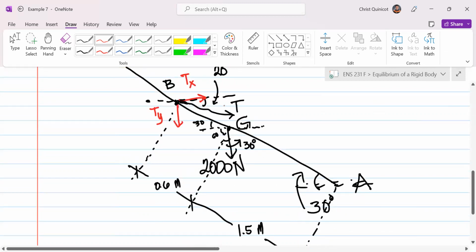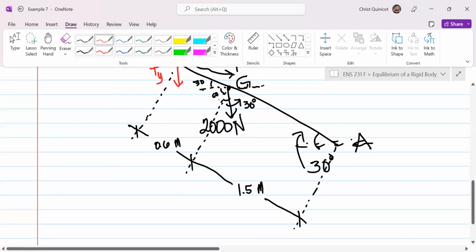Now for our 2000 Newton, using our 30-degree angle, let us call this Y prime, and here X prime.